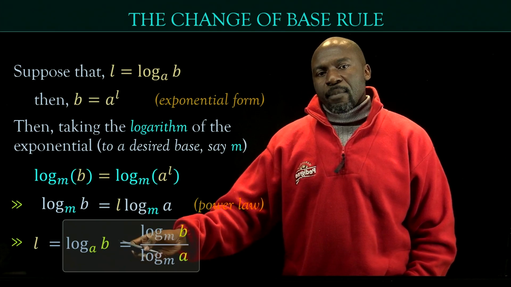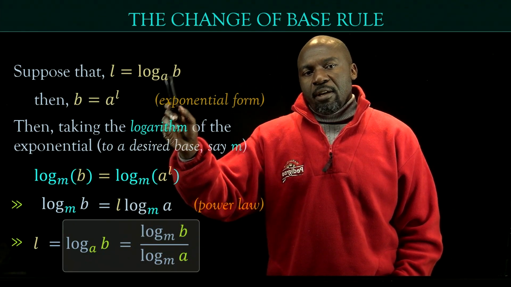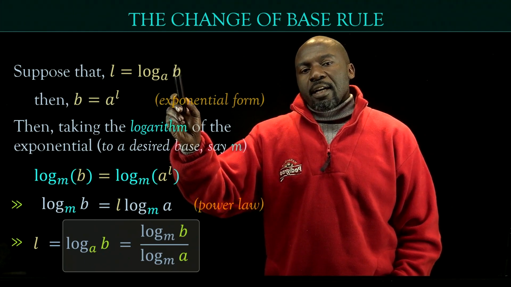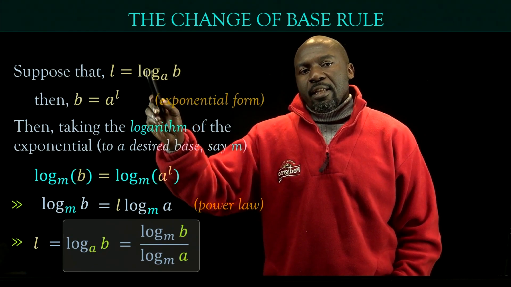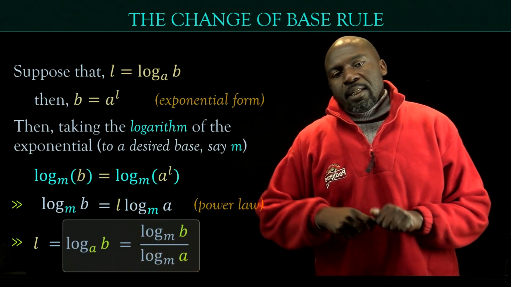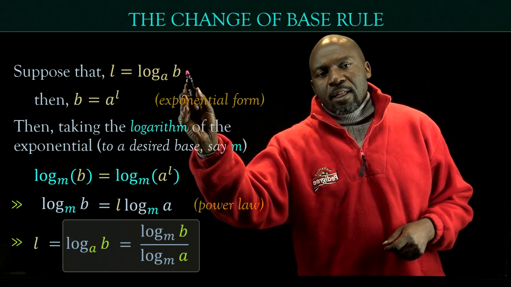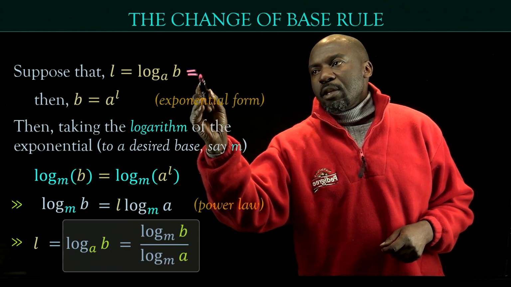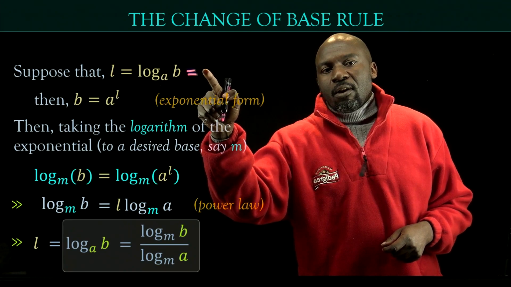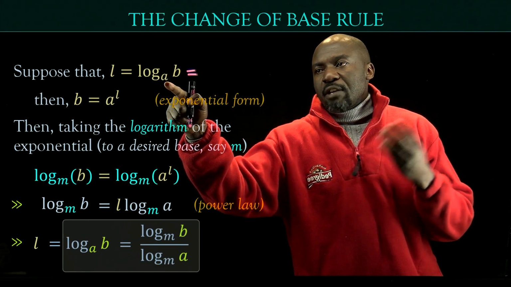Okay, let's see. What are we saying? If I'm given log to base a of a number b, then I can change this to any other base I feel like. All I have to do is take a new log right there. So I can say this must be equal to, I take the log of b and divide by the log of a to whatever base I feel like.